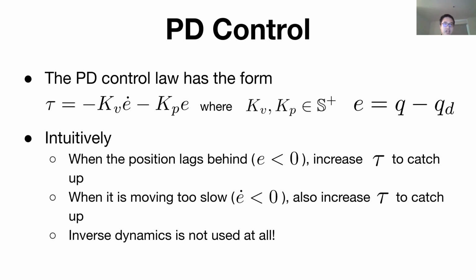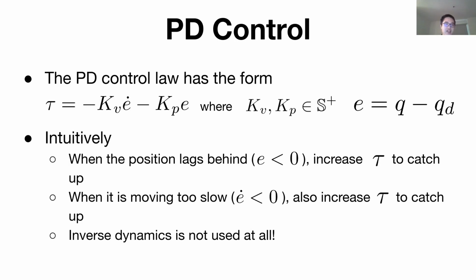To mitigate this error, we can use another control method called PD control. In PD control, the applied torque is proportional to the velocity error E dot and positional error E. Intuitively, when the position lags behind, we just increase torque to catch up with the position. And similarly, if the velocity is too slow, we also increase the torque to catch up with the velocity.